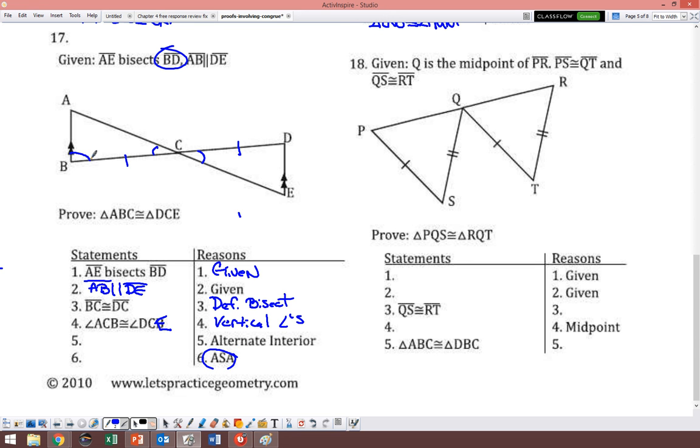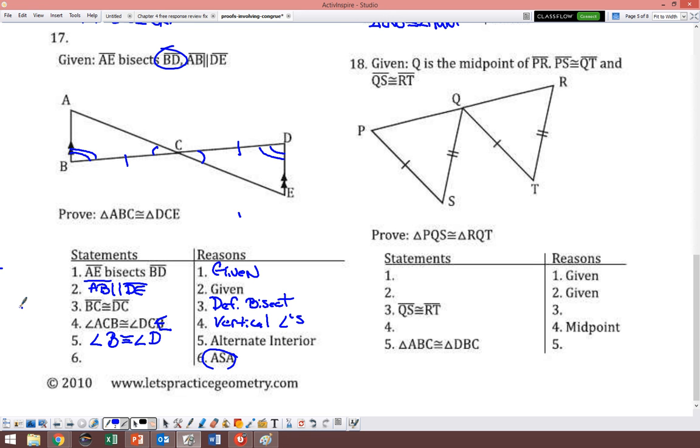So it has to be B. And over here on this side, it's got to be D. So these are my alternate interior angles. I could have used A and E, but I would not be using angle, side, angle there. Okay? So now, for this, I would say that angle B is congruent to angle D.